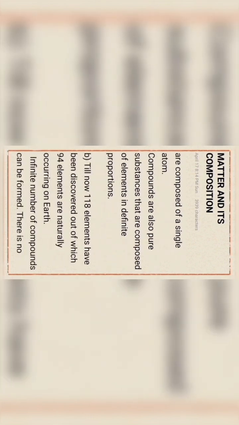But compounds are also pure substances that are composed of elements in a definite ratio. Second part, that is B. Till now, 118 elements have been discovered, out of which 94 elements are naturally occurring on Earth.